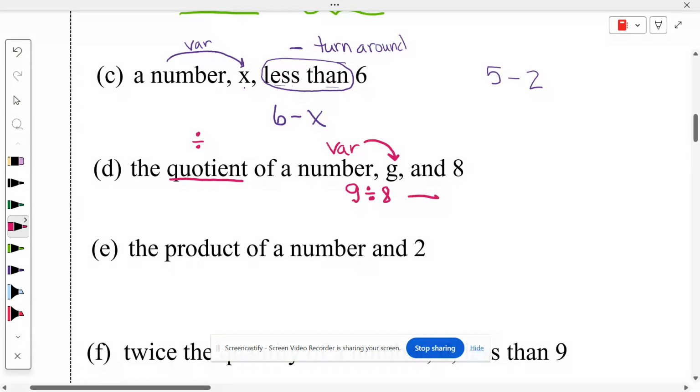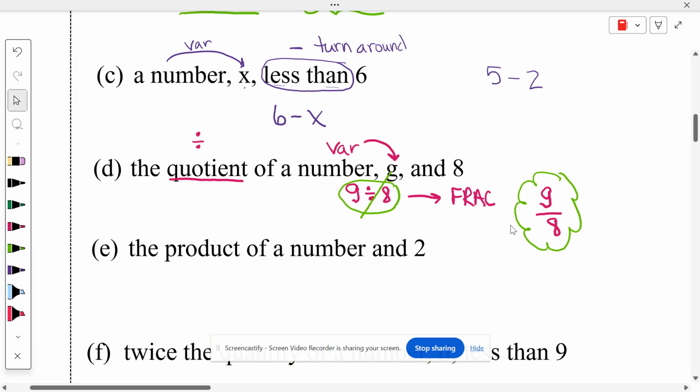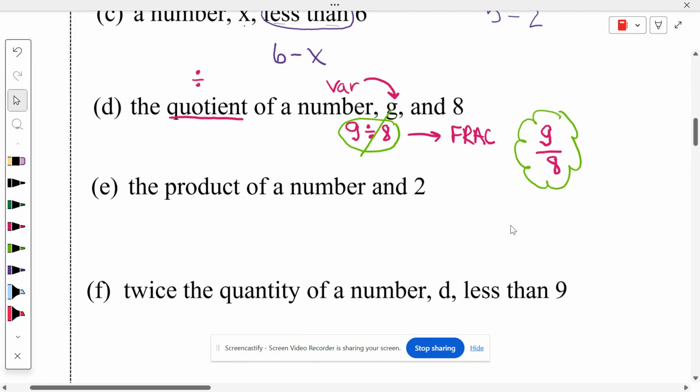We write everything as a fraction or a ratio, right? So really it's g divided by 8 or g over 8. So we don't want to use this. That's like elementary, middle school stuff. We want to write it like a fraction or a ratio. G over 8.